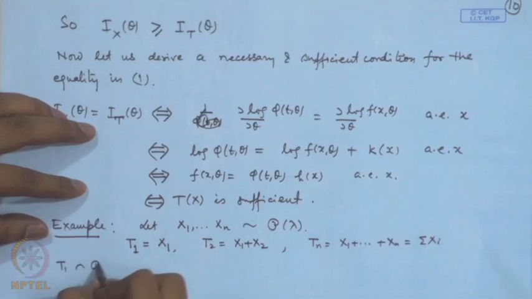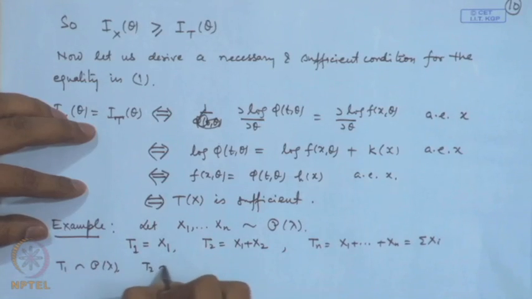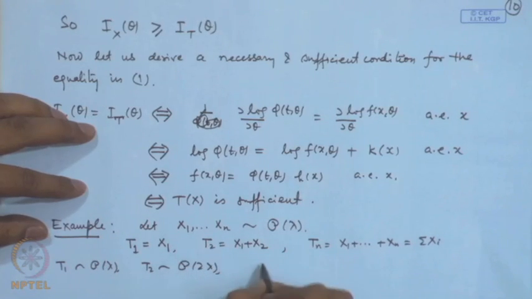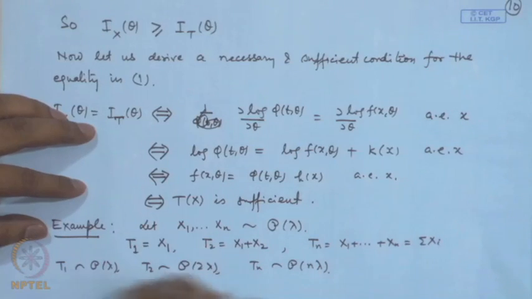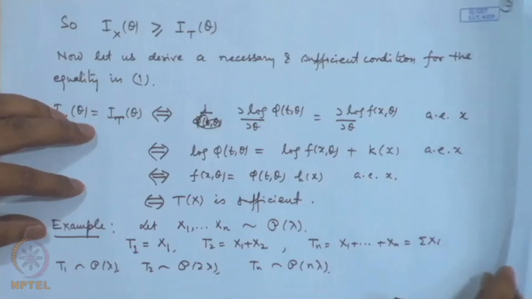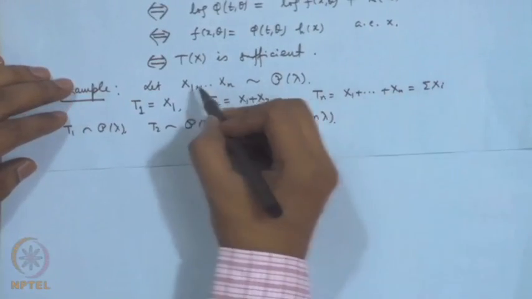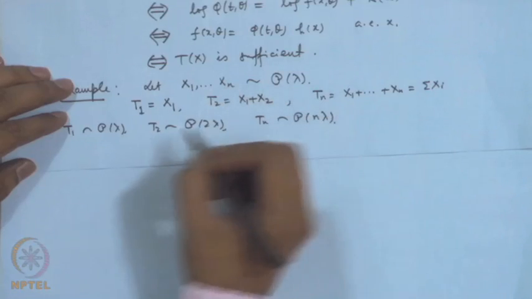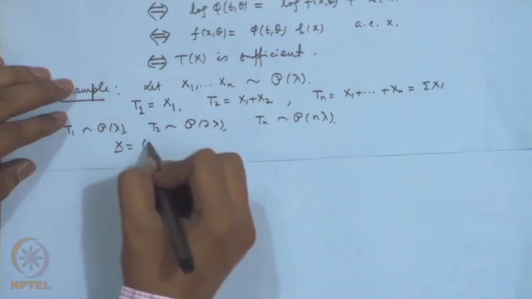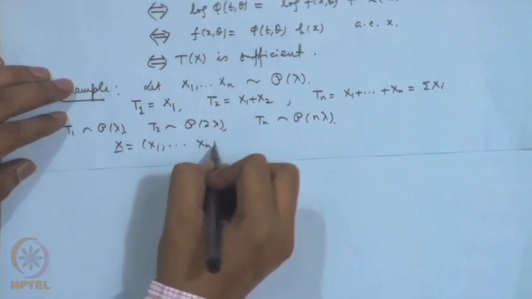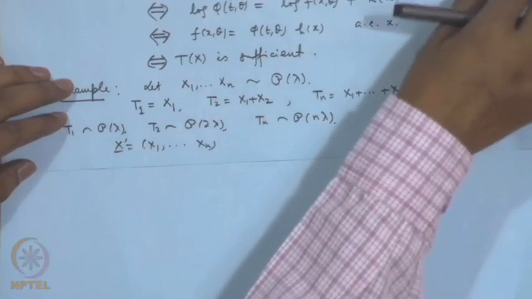So, t 1 follows Poisson lambda, t 2 will follow Poisson 2 lambda, and t n will follow Poisson n lambda. Let us independently derive the information in t 1, t 2 and t n, and also let us derive the information in the full sample. What is information in full sample x 1, x 2, x n. So, let us derive all these things.